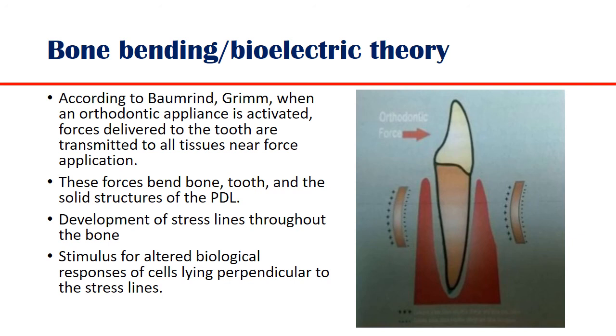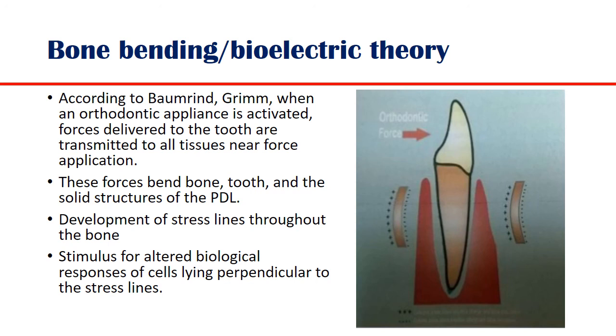So you see, in this particular single rooted tooth, as you see on the left side, there's an arrow indicating that the force is being put from the lingual side. So what is happening on the buccal side? The compression area is formed. On the lingual side, a tension area is formed. When the tension area is formed, the periodontal ligament fibers stretch.